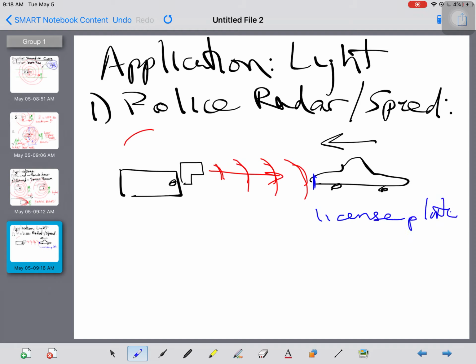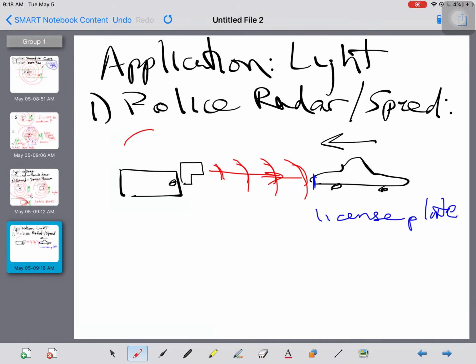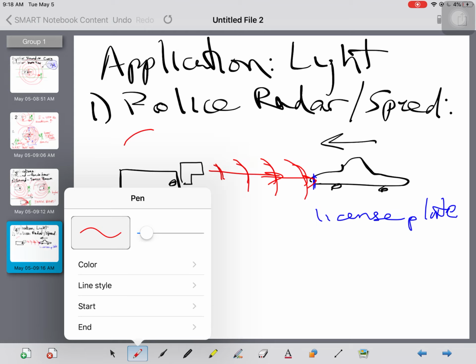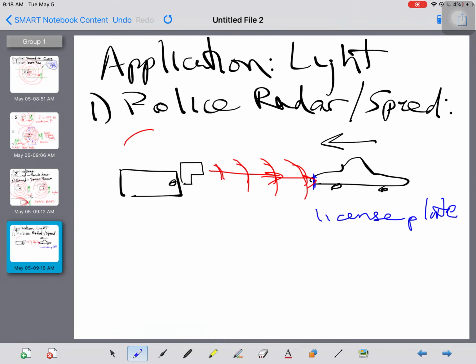Why? Well, because look at what they want to happen. They want this thing to come, hit your car in the license plate, and then what? Well, it doesn't get a reading from that. Let's switch up the color. They want it to hit your license plate, and they want it to reflect back.